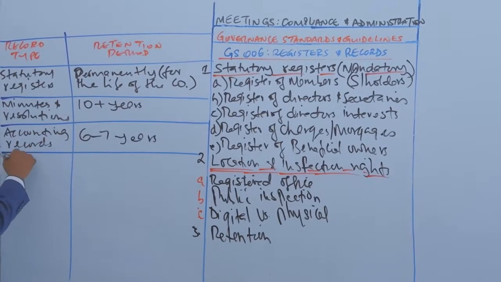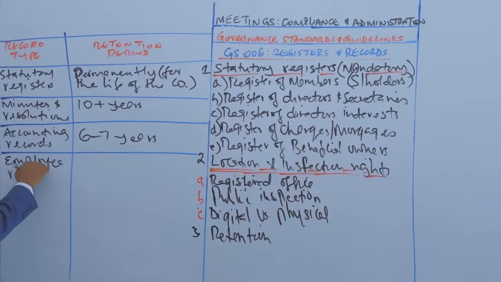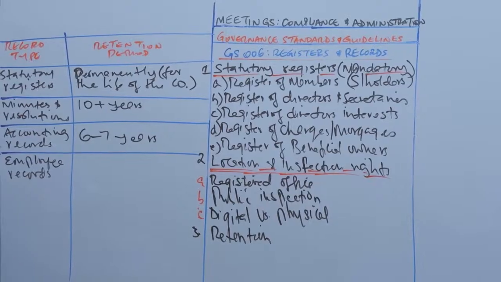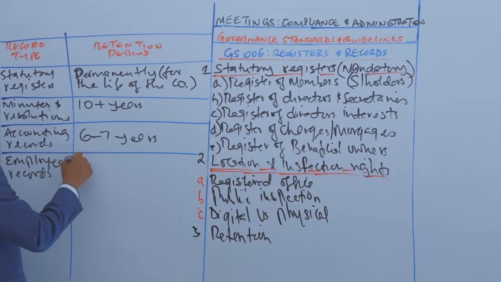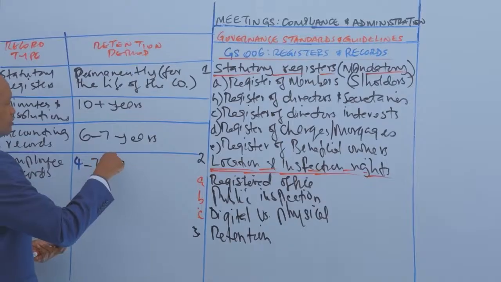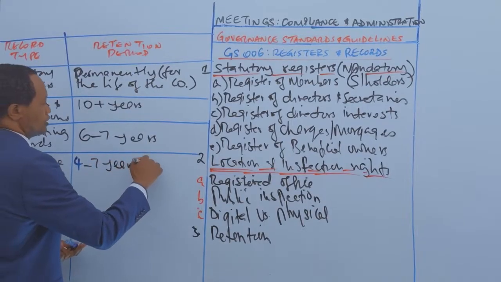Employee records. Employee records are kept for a period of 4 to 7 years post termination.